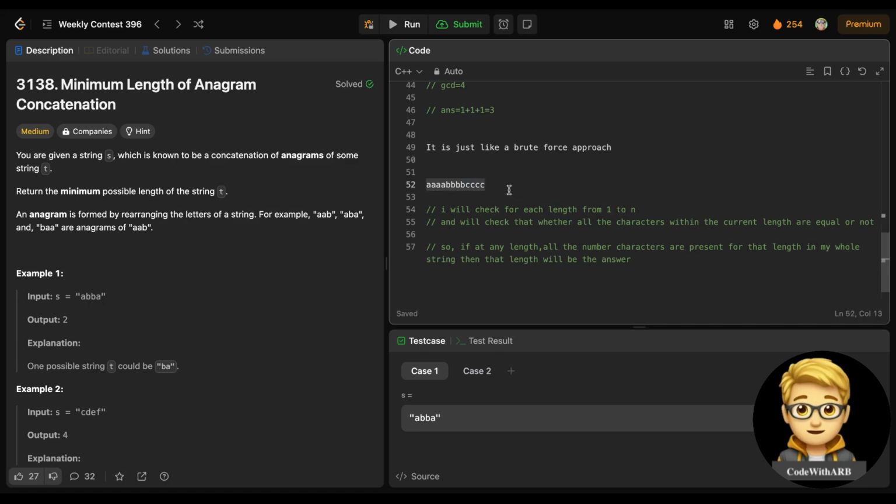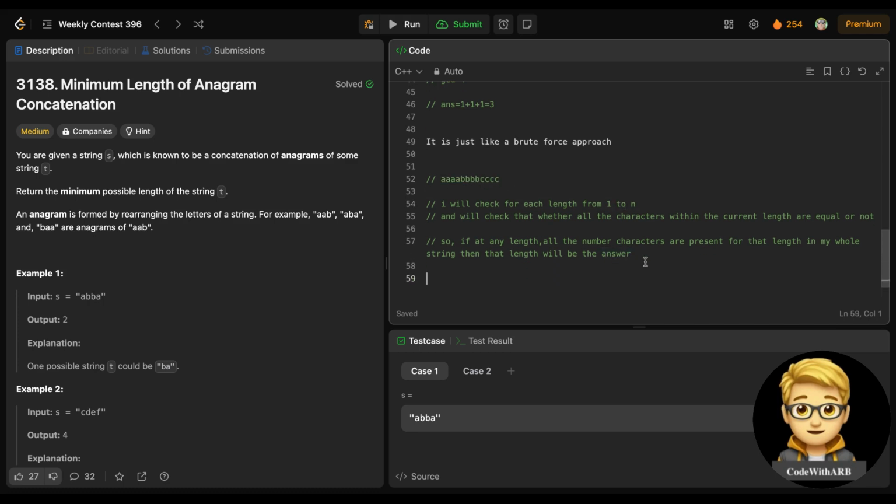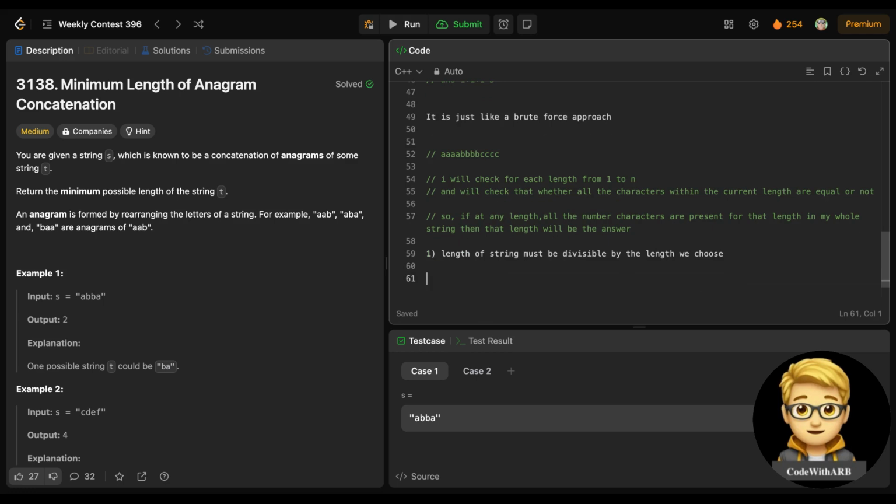So how will we check this, right? The first thing we need to remember is that the length of the string must be divisible by the length we choose. Why am I claiming this?